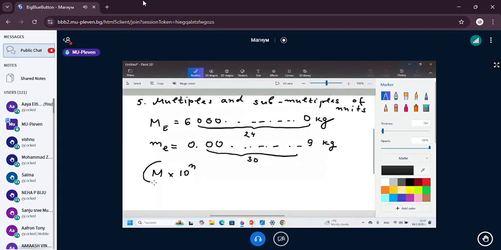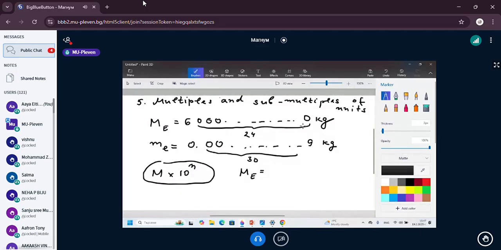This is the way we write big or small numbers in science. So, the mass of the Earth: how to write it using scientific notation?